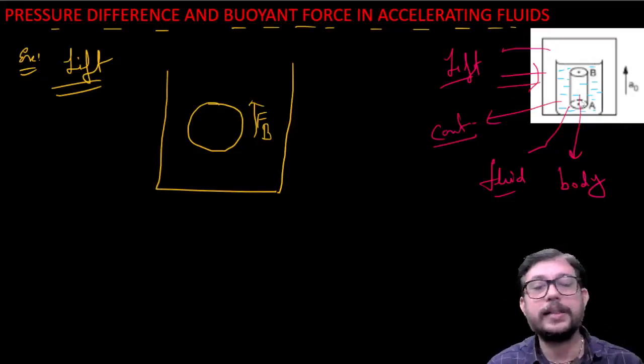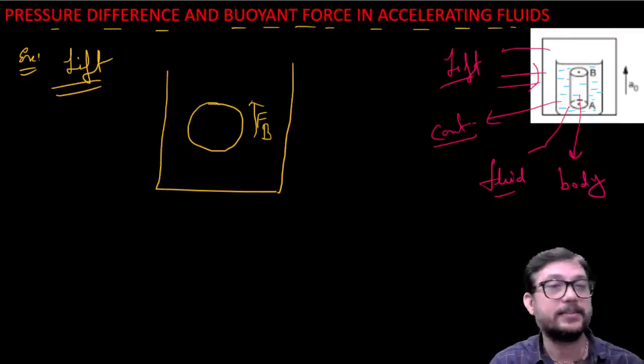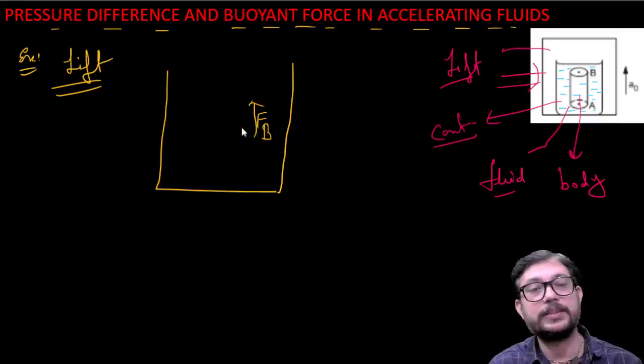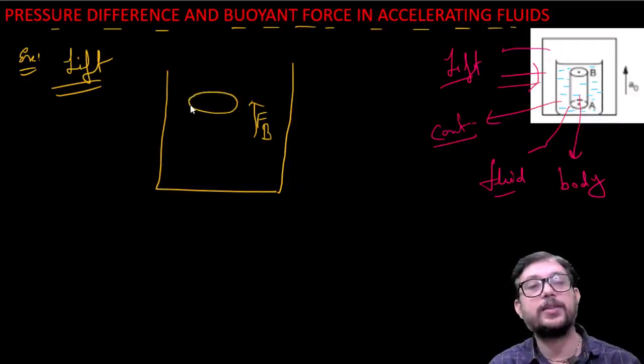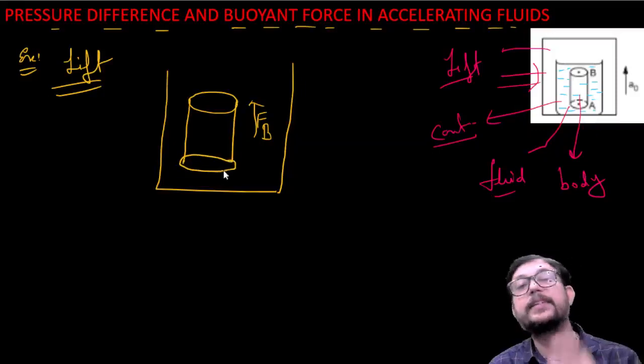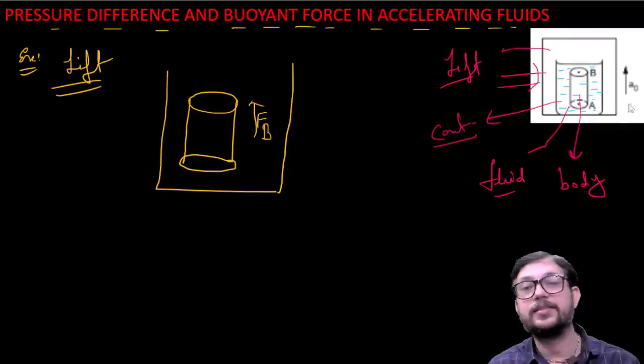So if we take a body in the shape of a cylinder, first rough this diagram, and now draw another diagram. So this is your body which is inside the container, as I discussed in the main diagram.